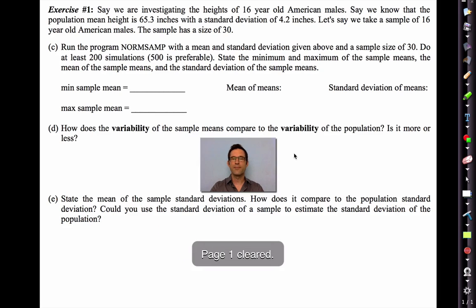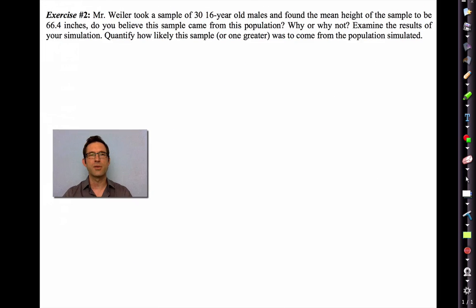And let's keep going. We're going to do some more simulation in a little bit, but let's take a look at exercise number 2, because this really starts to get into inferential statistics. It says Mr. Weiler took a sample of 30 16-year-old males, so the same deal as what we had before, and found the mean height of the sample to be 66.4 inches. So we took this sample, and it had a mean height of 66.4 inches.